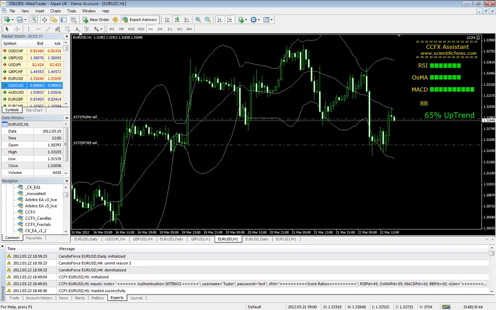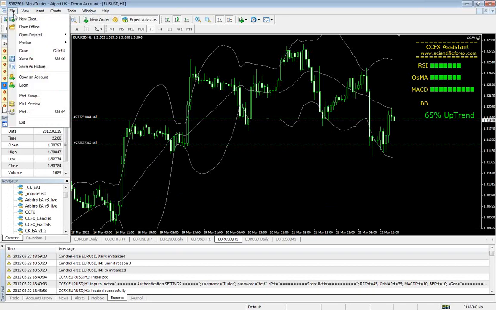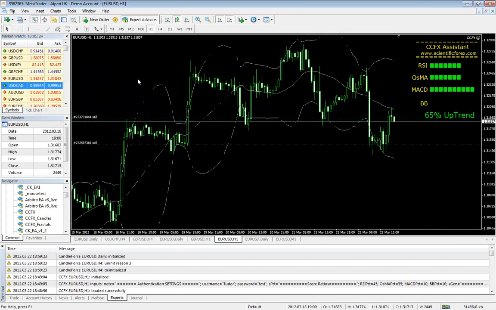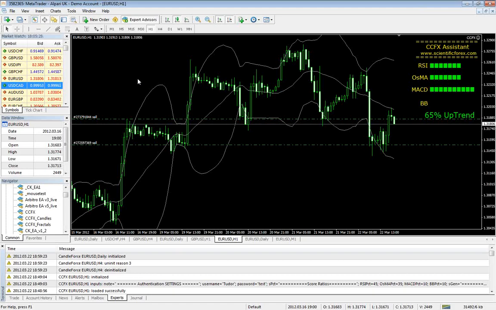Usually it will give you a pop-up asking if you want to update or not. This program doesn't have it. Anytime you open your MetaTrader platform, it will give you a pop-up if you want to update to the latest version.